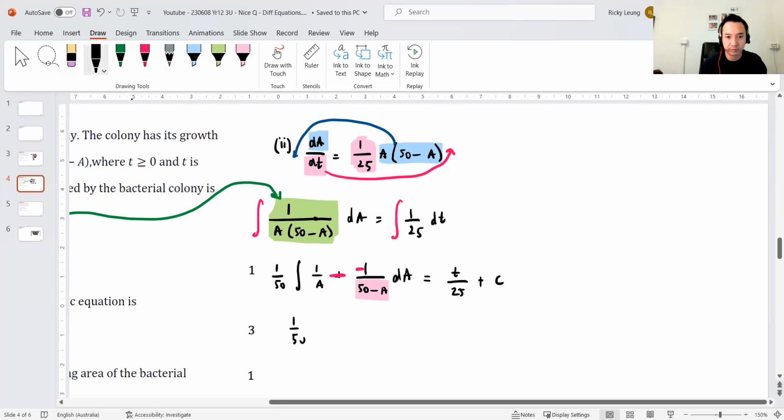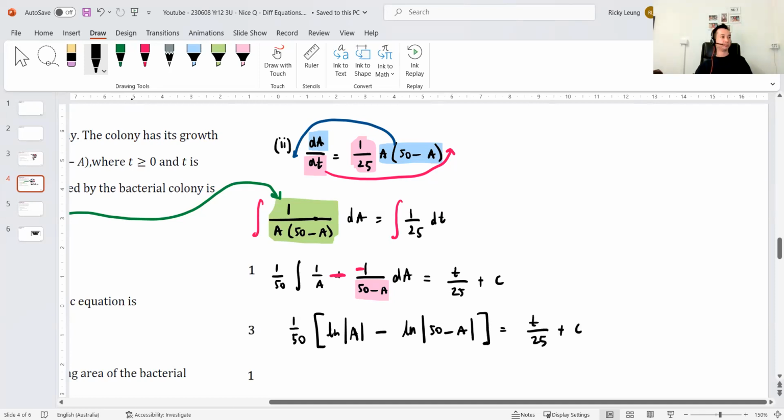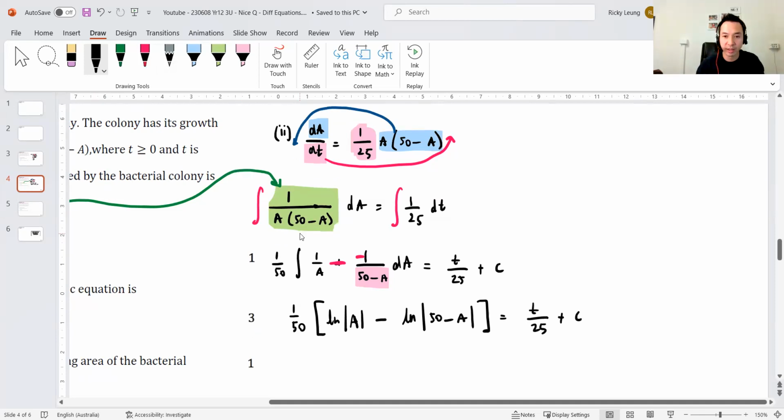So 1 on 50, and it'll be log of a, minus ln of 50 minus a equals to t on 25 plus c. Yeah, nothing too hard about that now. So I'm going to do 2 things now.